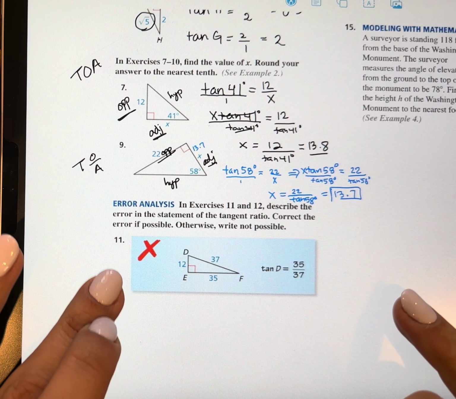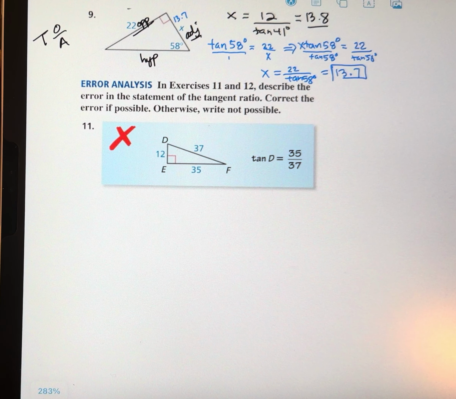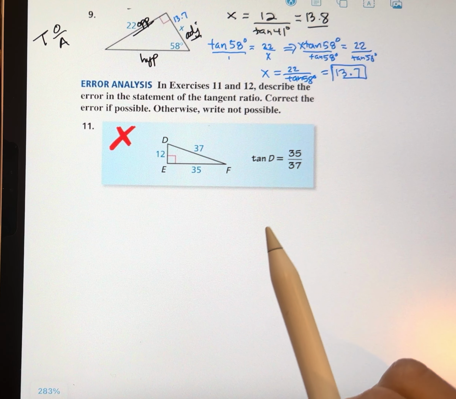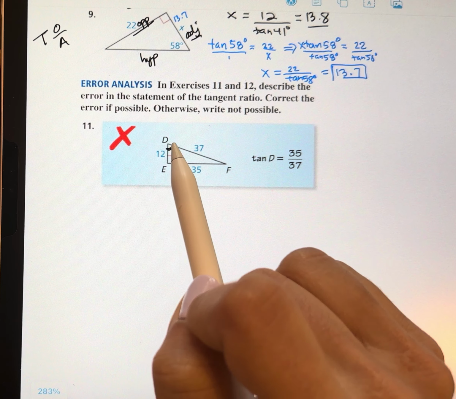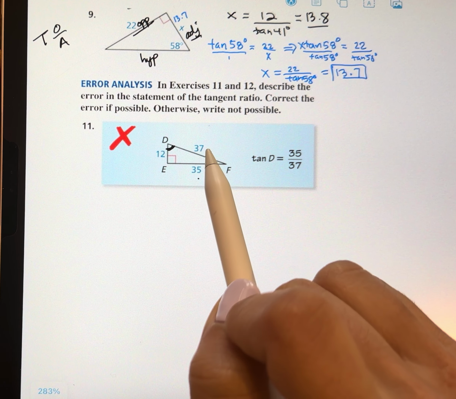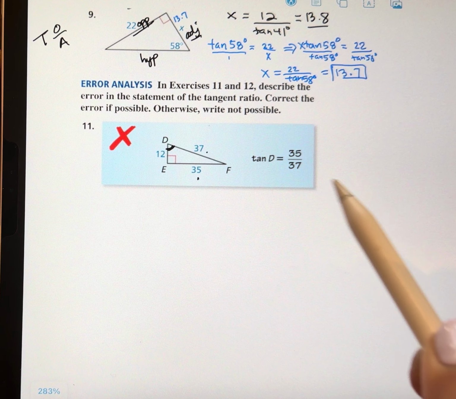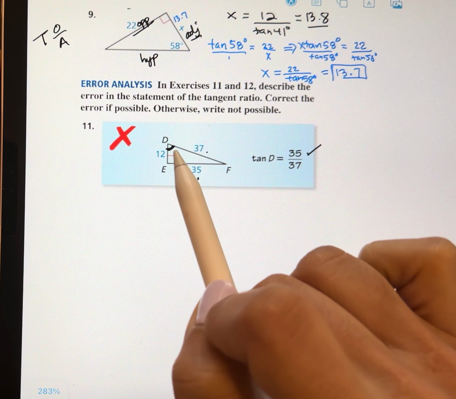Okay, now let's do some error analysis. What did these guys do here? Describe and correct the error. This person said tangent at D, so their perspective is over here at D, is 35 over 37. Well, 35 is opposite. Check. That's good. But is 37 adjacent?